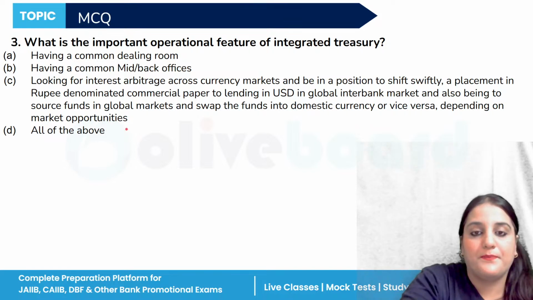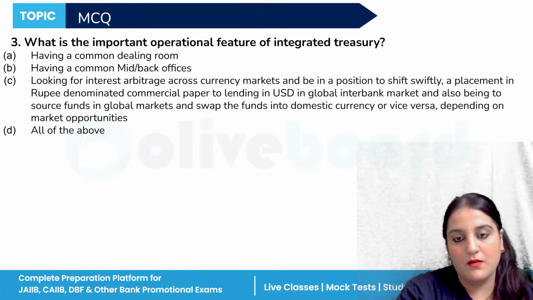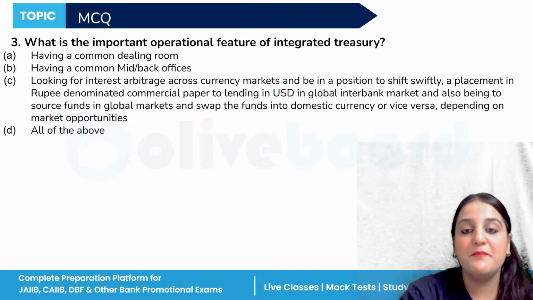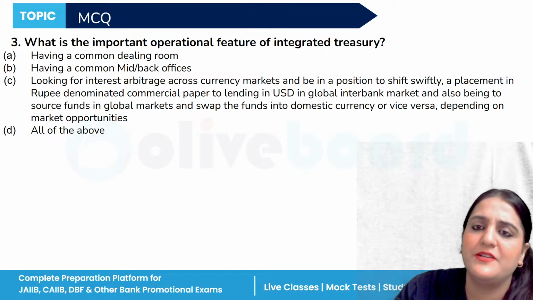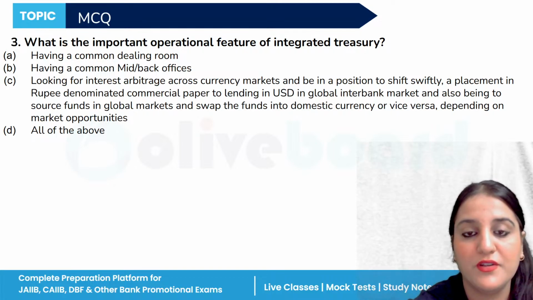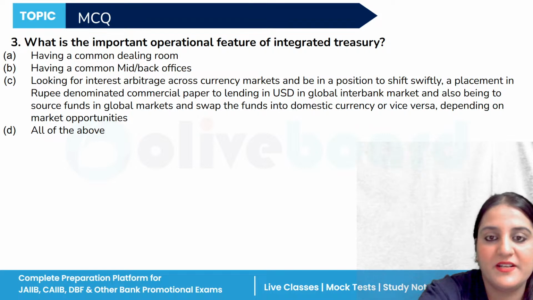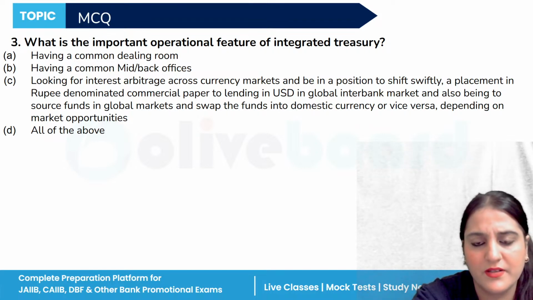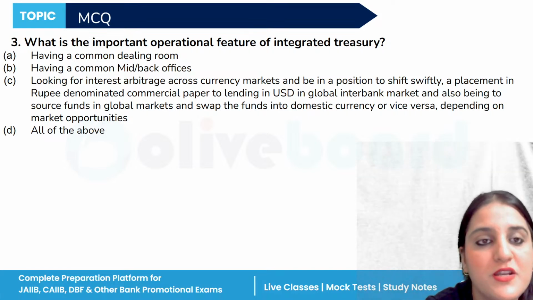The correct answer: having a common dealing room, having a mid and back office, and also looking for interest arbitrage across currency markets, or being in a position to shift swiftly a placement in the rupee denominated commercial bank. In this we will consider the third option, second option and first option.